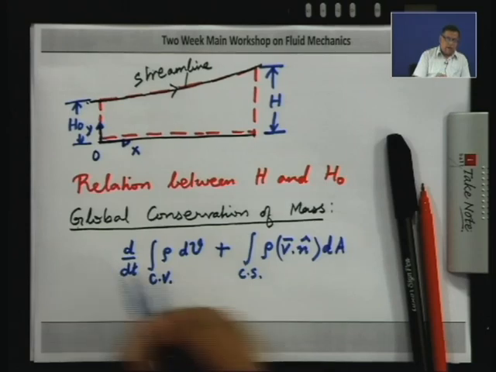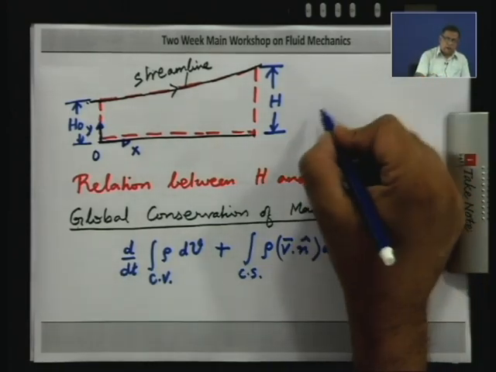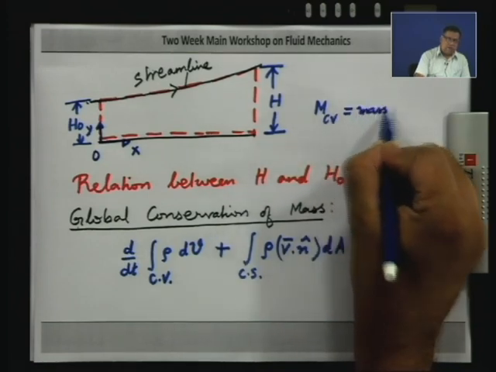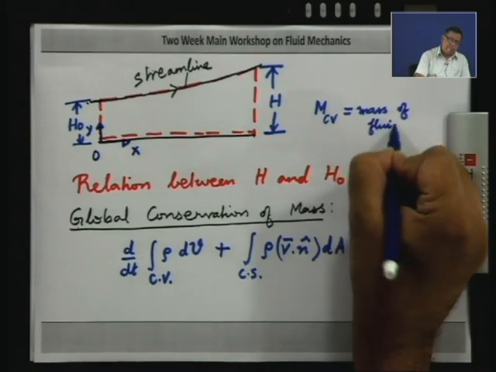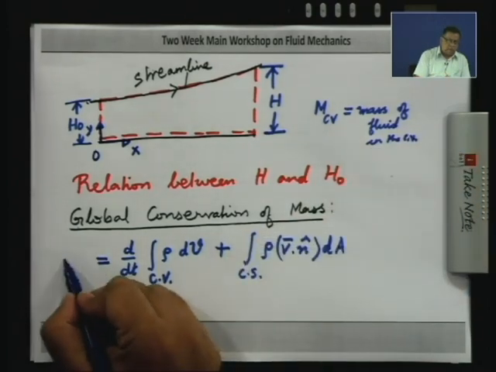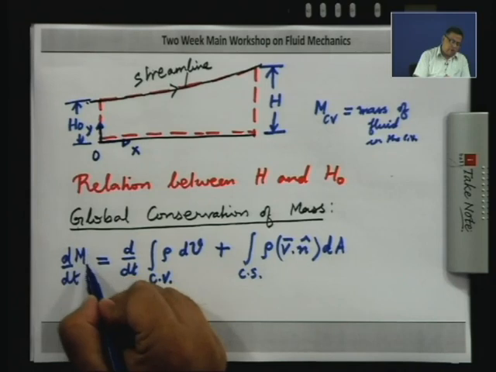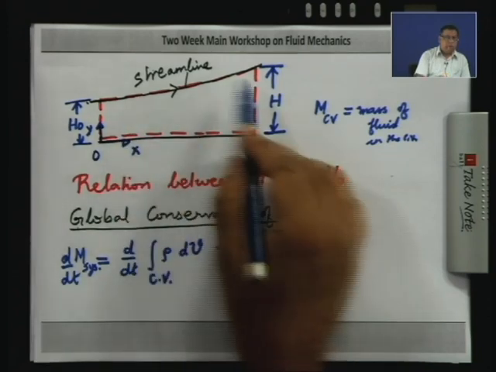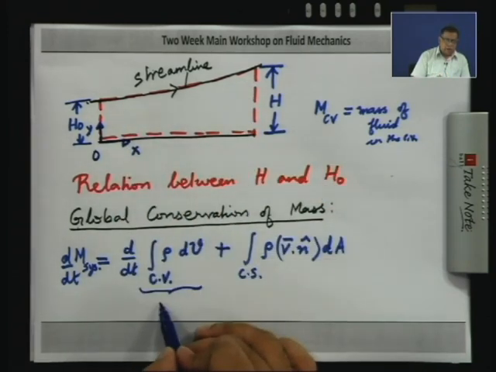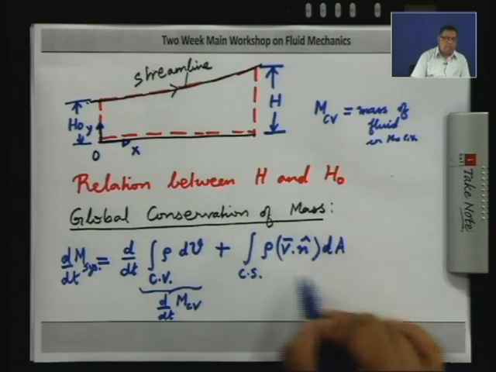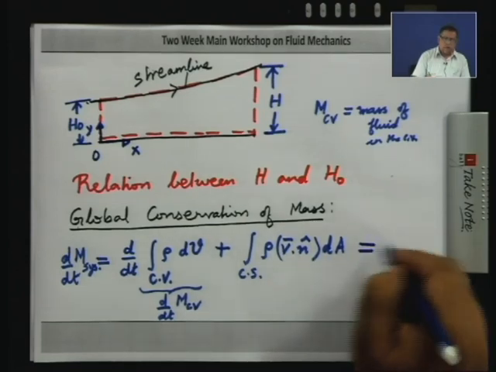So, if I say that m_CV is the mass of fluid in the control volume, then what I have written over here is d dt of mass of fluid in the system which coincides with the control volume, and this part will be rate of change of mass of the fluid which is inside the control volume, and this is the net flux of mass from the control volume, and this will be equal to 0.